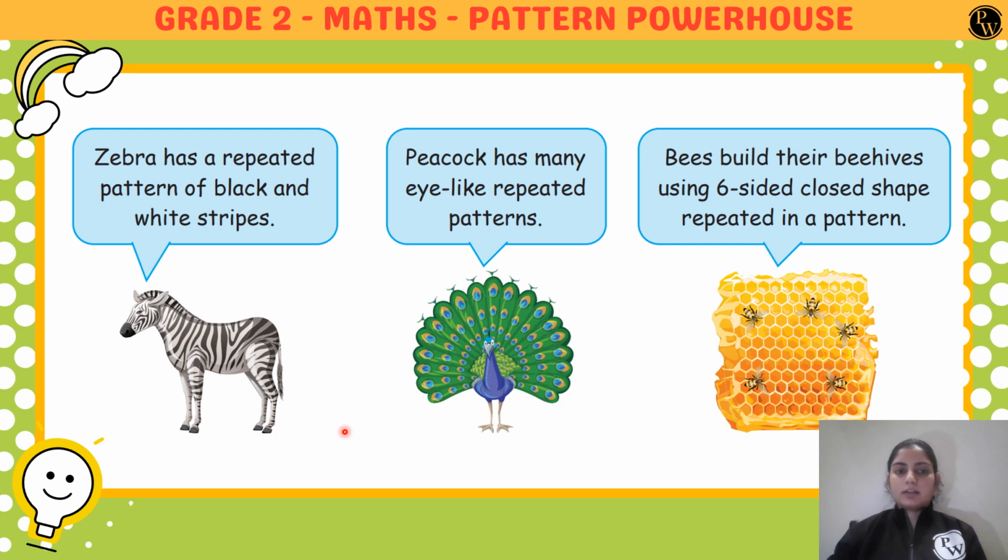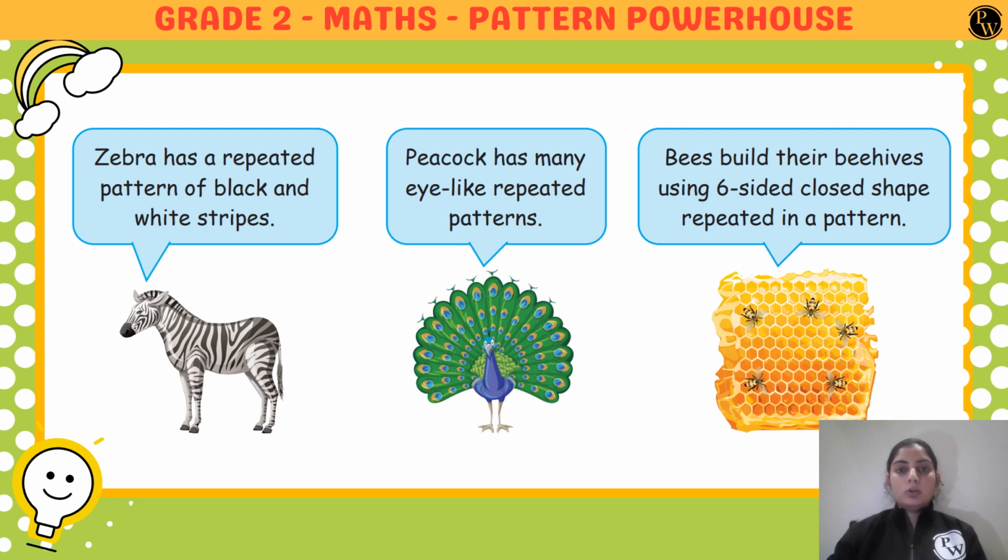A zebra has a repeated pattern of black and white stripes. A peacock has many eye-like repeated patterns. And bees build their beehives using a six-sided closed shape repeated in a pattern.